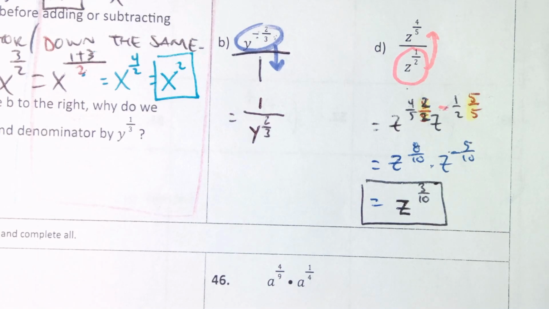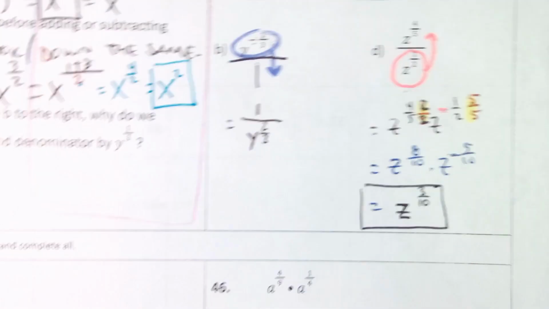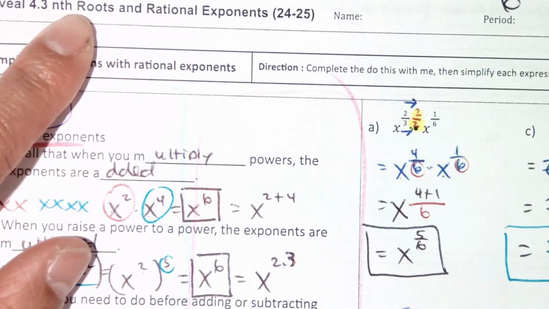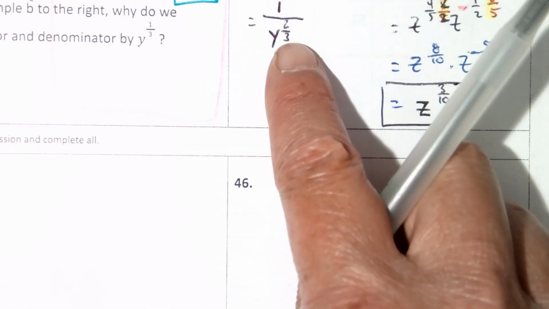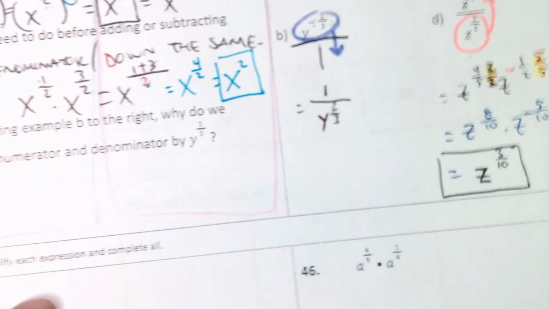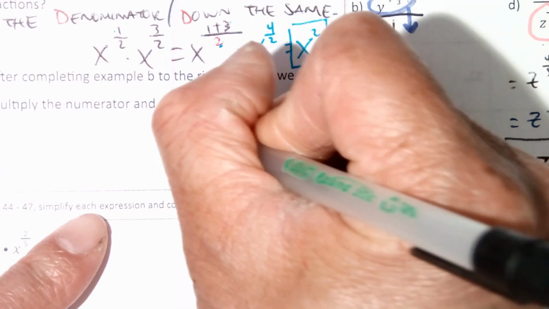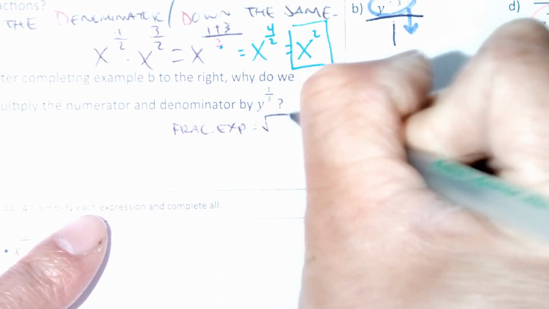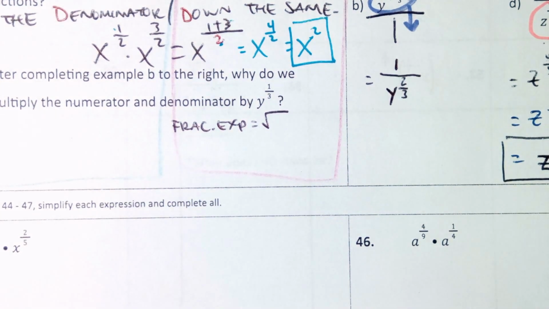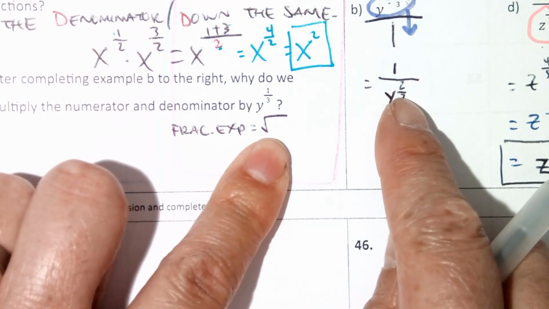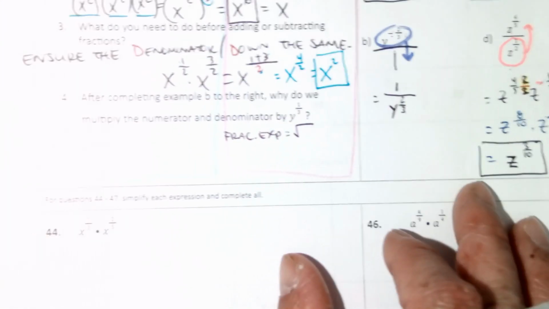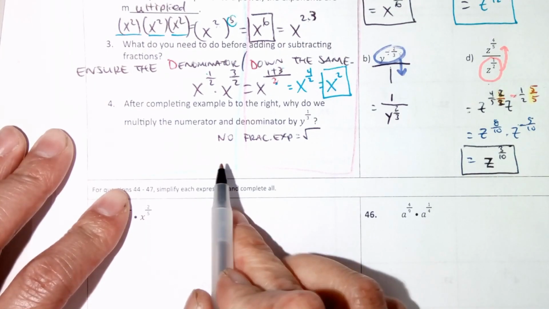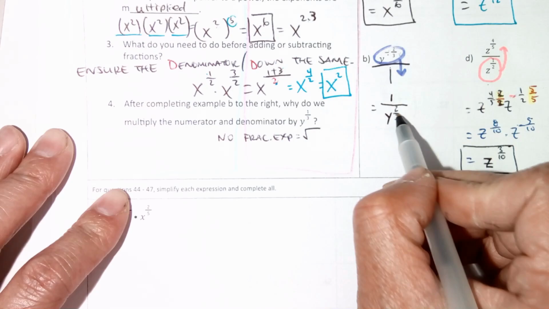So I have 1 over y to the 2/3. Okay, so over here, y to the 2/3, a fractional or rational exponent, has a radical sign. And in math, if there's a radical in the denominator, you can't have that, so that's why I wrote no there.